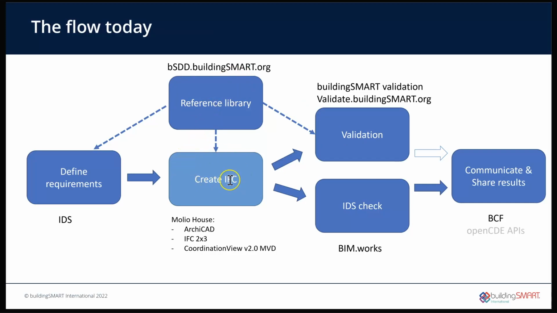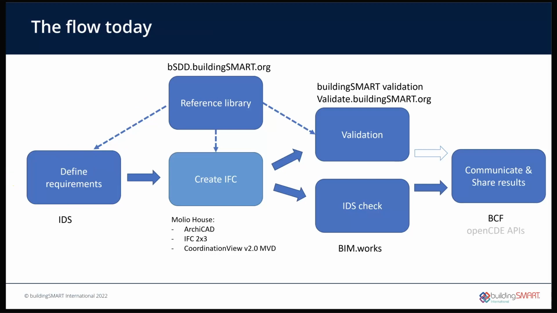Inside the IFC file, we will see that some classifications and properties have a link to the buildingSMART Data Dictionary library as a reference. We will see that as well, how that works. And what we won't see in this presentation is how the reference library BSDD can be used to create information delivery specifications. But that's also one of the ways that the BSDD can work.